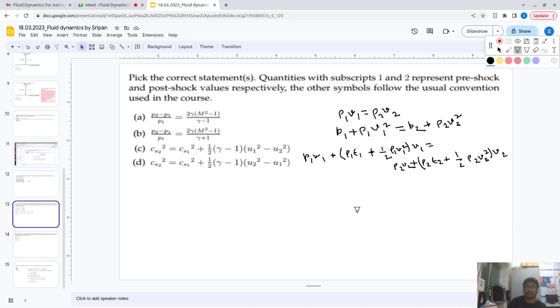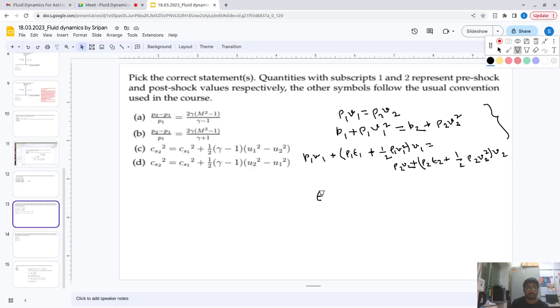Okay, so using these three equations, and with this you have to use the formula for the pressure and Cs square basically.